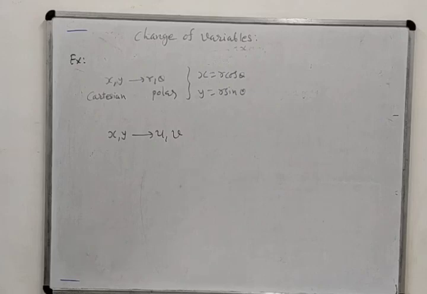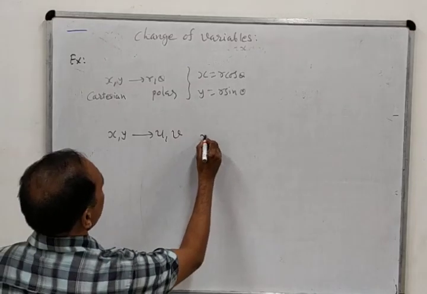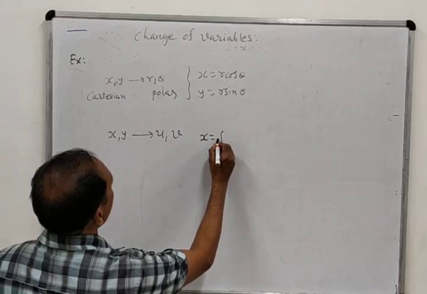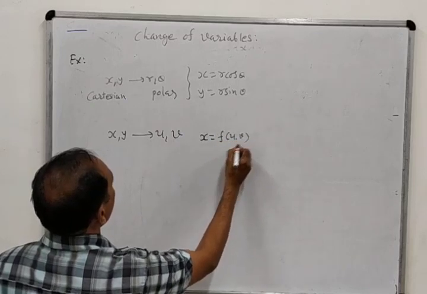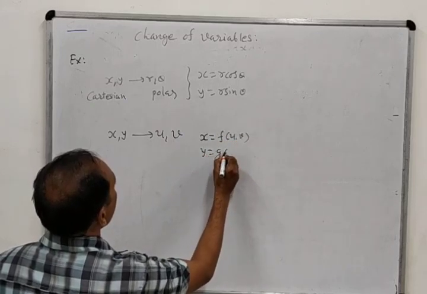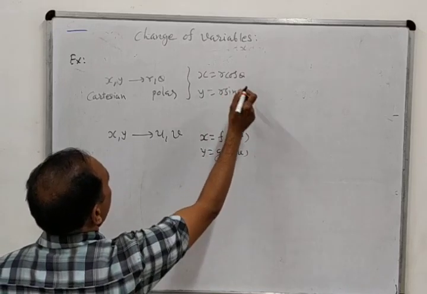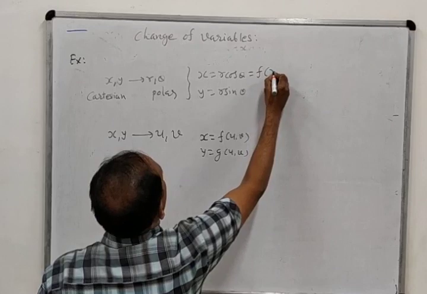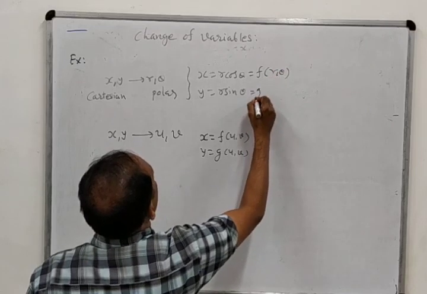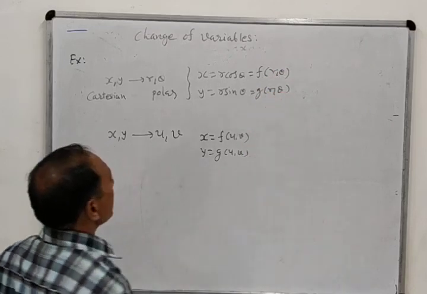But we can also convert Cartesian coordinates into other variable forms, and for that, we require the transformation. That means x as a function of u and v and y as a function of u and v. We will require it. Here x is a function of r and theta. You can see r and theta.